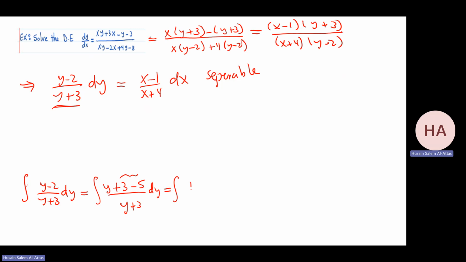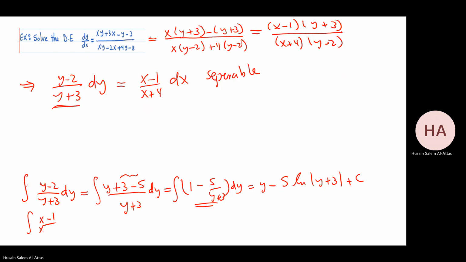And that gives me 1 minus 5 over y plus 3. By the way, if you do the long division, you should get the same answer. And that now is very clear: y minus 5 ln of y plus 3 plus c. The other one, the same idea.